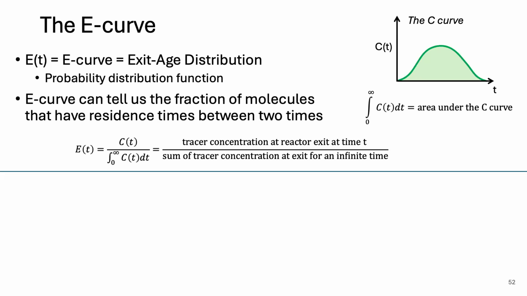The E curve tells us the fraction of molecules that have residence times between 2 times. We calculate E of t by dividing the C of t over the area under the C of t curve.